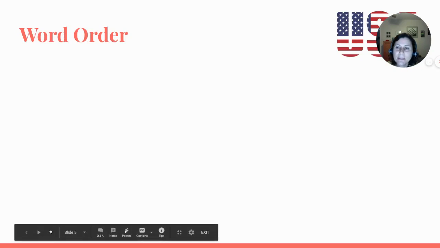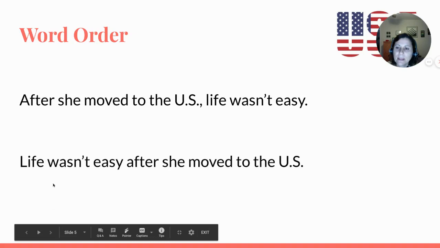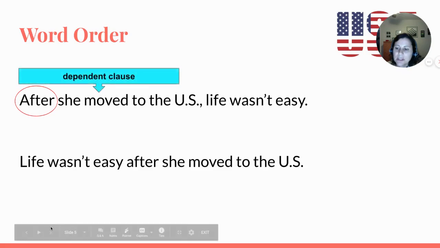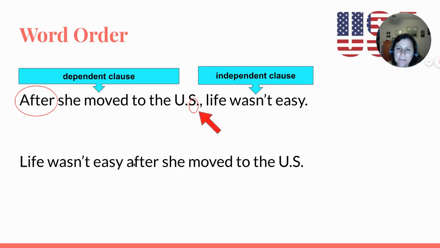Let's talk a little bit about word order. After she moved to the US, life wasn't easy. We have our subordinating conjunction and dependent clause, and our independent clause after the comma. Well, with these adverb clauses, you can actually change the order. And this is the comma right here.